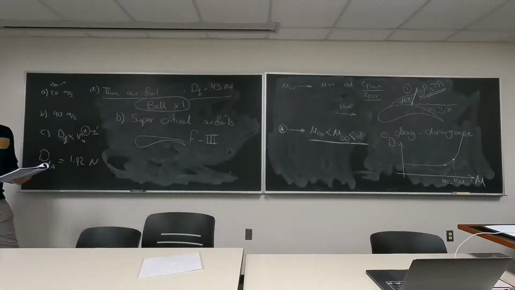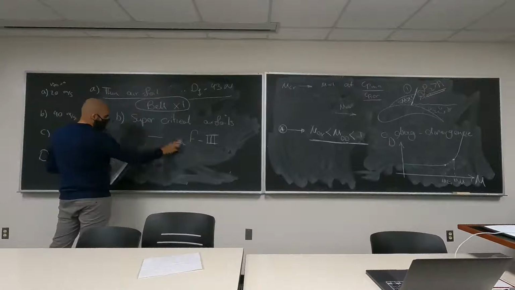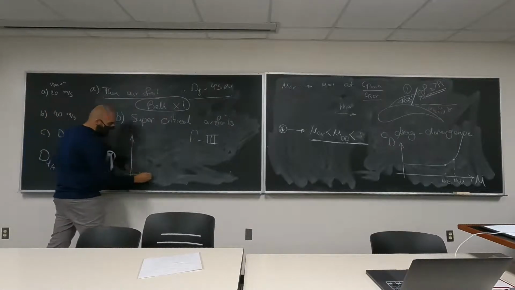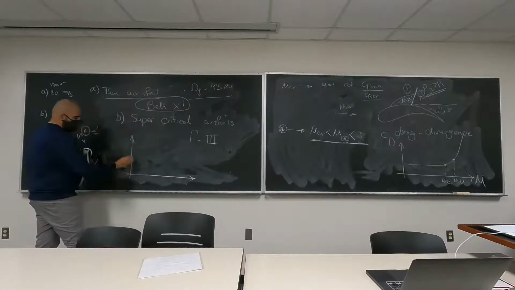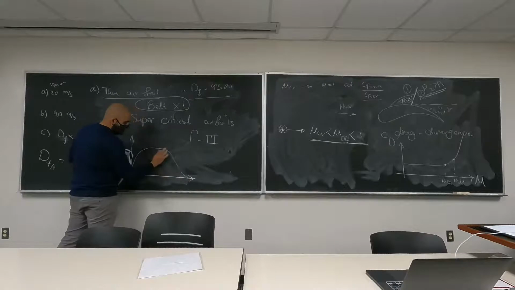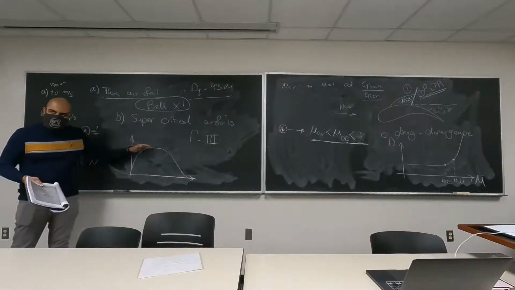And what is going to happen to your Cp versus chord length is that you're going to get something more like this, right? So a more flat pressure distribution.